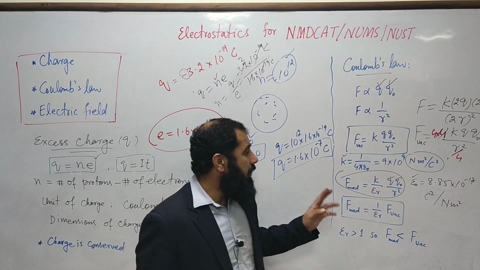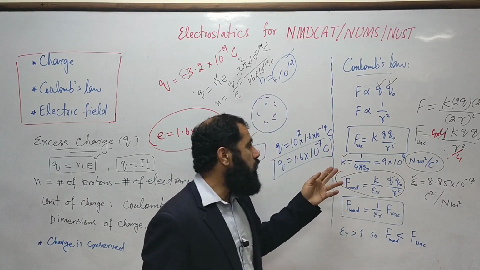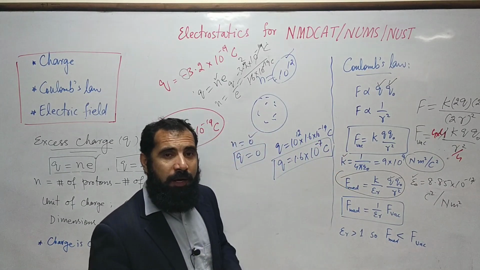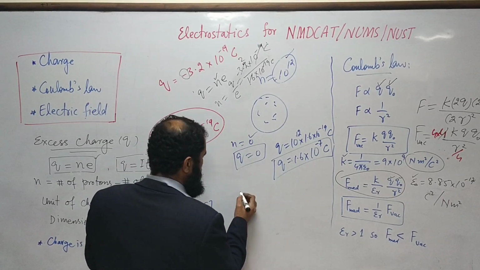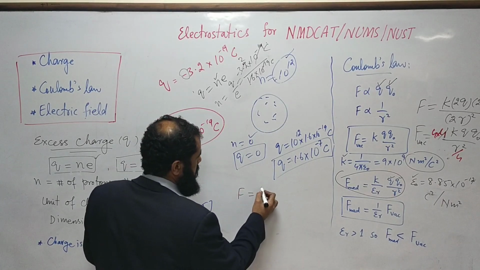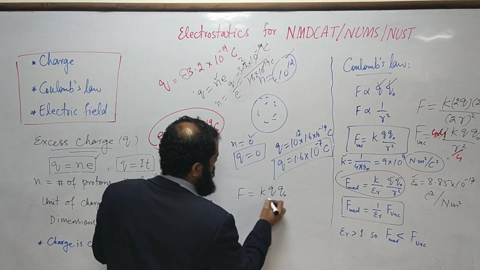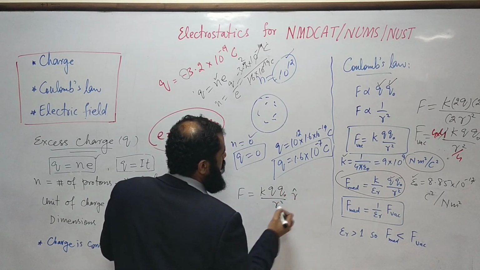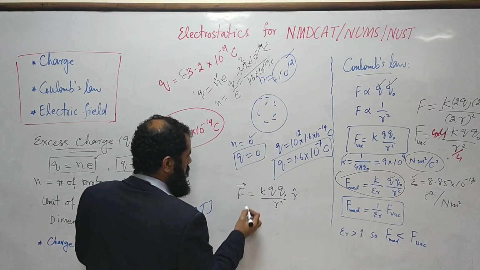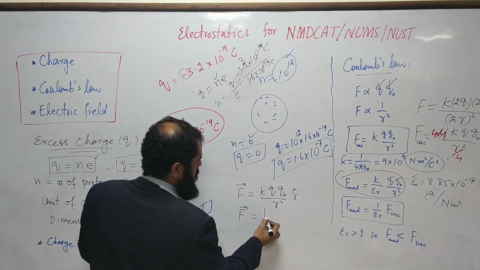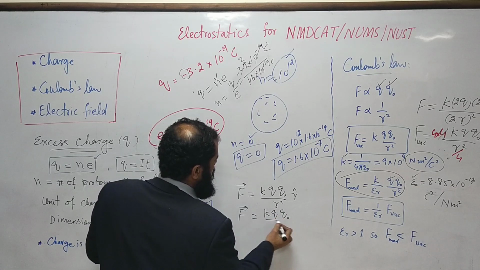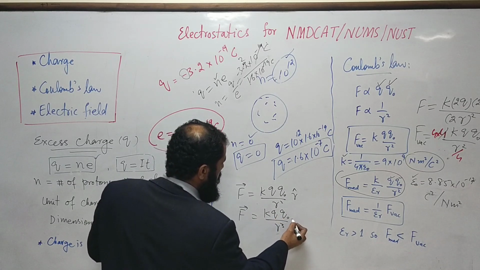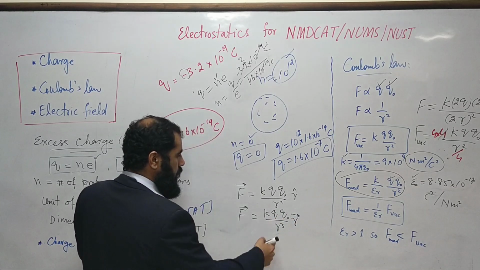And then if you want to express Coulomb's law in vector form, you can express it this way: K Q Q naught divided by R square times the R unit vector, or K Q Q naught divided by R cube times the R vector. Why R cube?